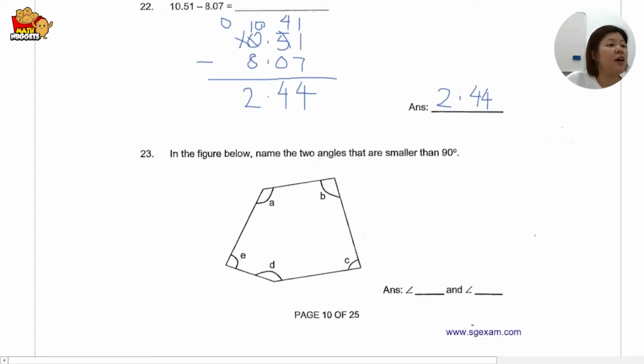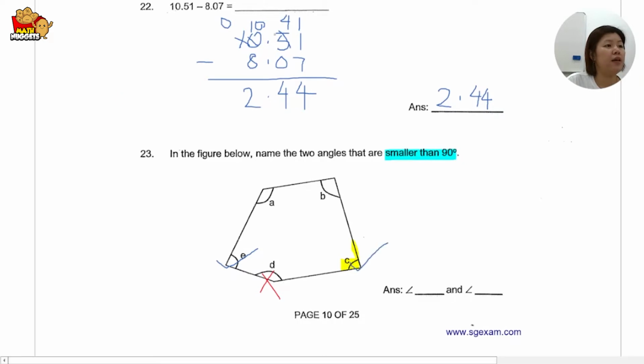Okay. Next one, which of the two angles is smaller than 90, which is an acute angle? So if you can see, E is acute, and then D is obtuse because it's more than 90. Okay, C is acute also.